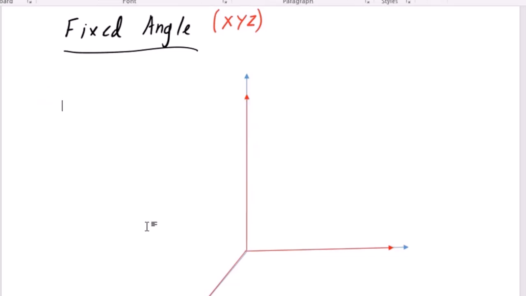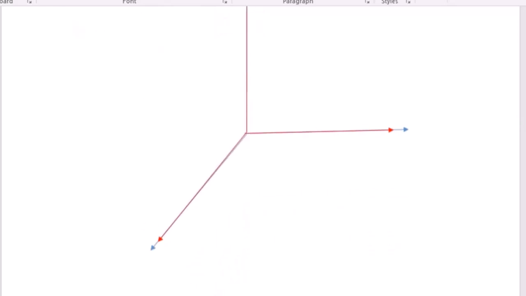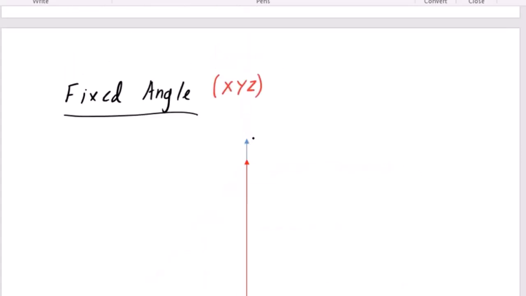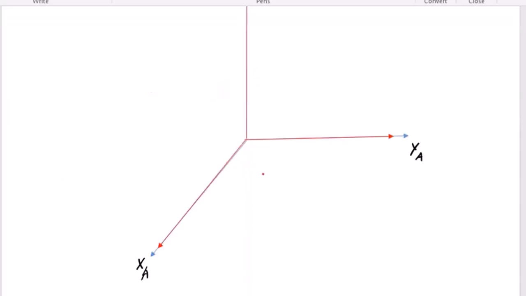For the fixed angle, this is our XA, this is our XB. Start with the XA, then this is our YA, and this is our ZA. Now this is ZB, XB, and this is our YB.